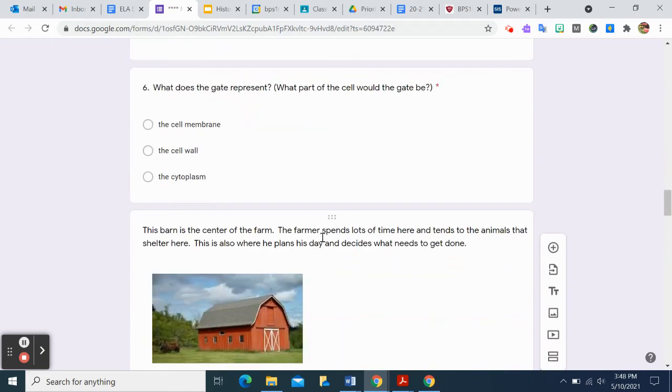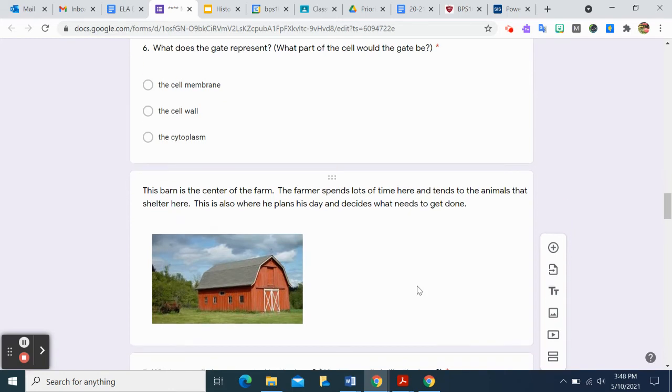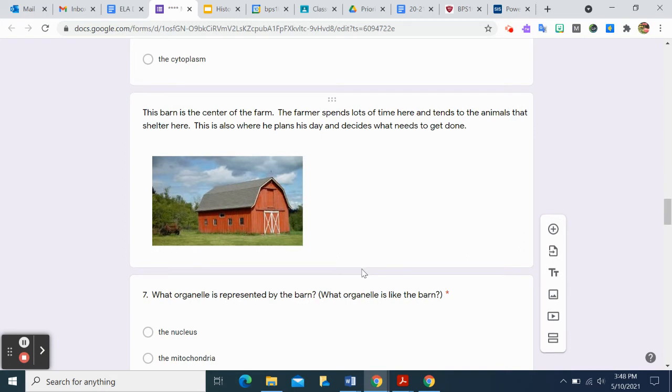This barn is the center of the farm. The farmer spends lots of time here and tends to the animals that shelter here. This is also where he plans his day and decides what needs to get done. What organelle is represented by the barn?